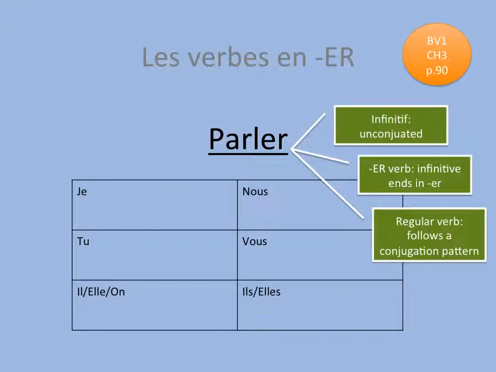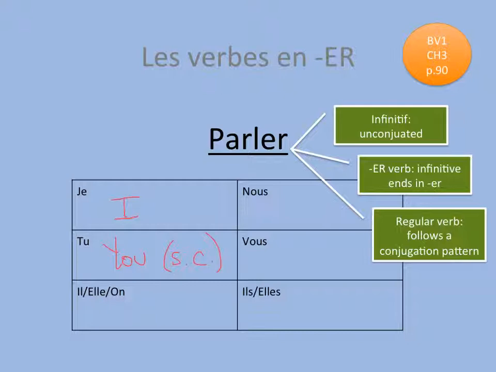You will see this chart with every verb conjugation we ever do. So memorize the order because you will always get verbs in this order. We have je, which means I, tu, which means you, singular or casual, informal.